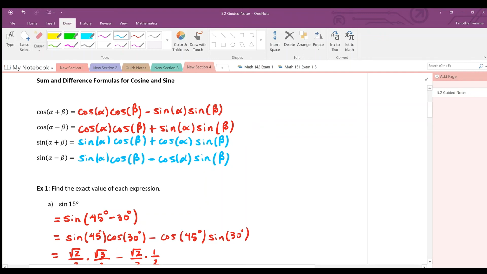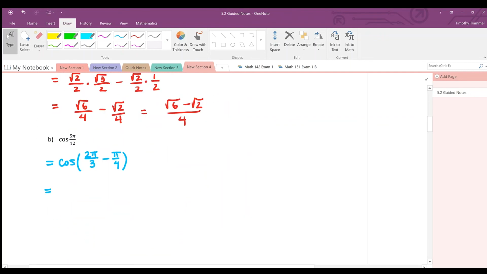Okay, pretty straightforward. So this is then cosine of 2 pi over 3, cosine of pi over 4, and then remember it was plus sine of the remaining two angles. And so we just need to figure out what all these are equal to.